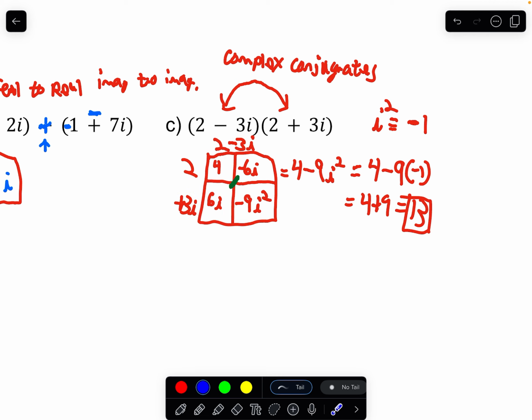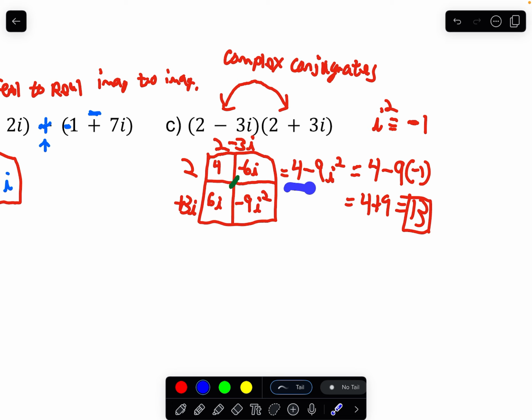And here comes the thing you've got to remember. You got 3i times a negative 3i. 3 times negative 3 is negative 9. i times i is i squared. Don't forget the squared on the i. Now here comes the thing that you may or may not remember. You've got to remember it for the quiz because this is the whole point. This i squared is just negative 1. When you square i, you get a negative.